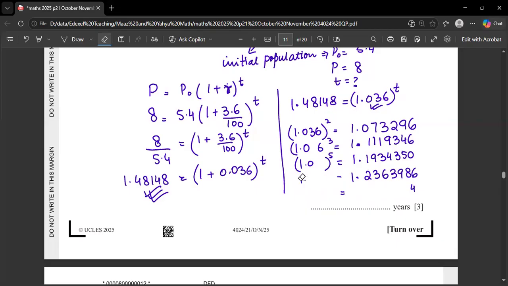Let me get some space here so that I can write.